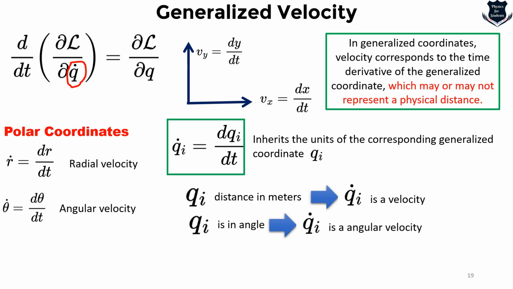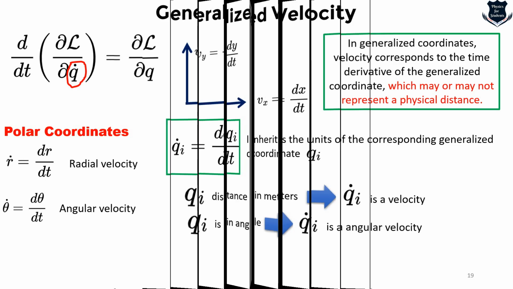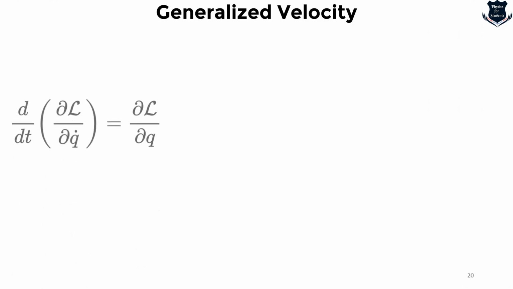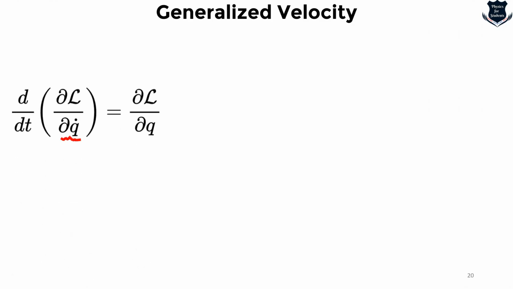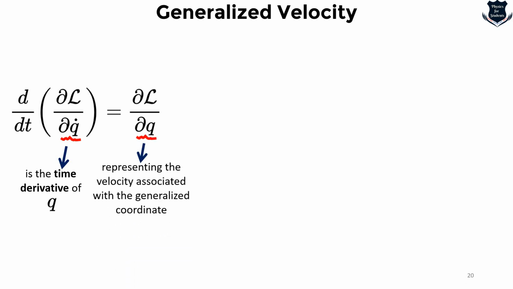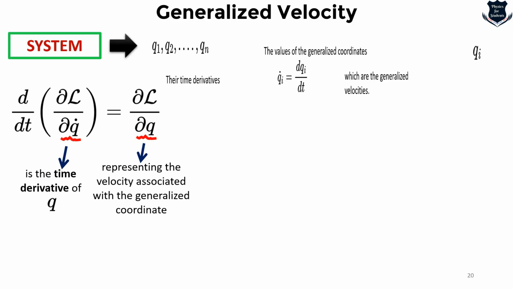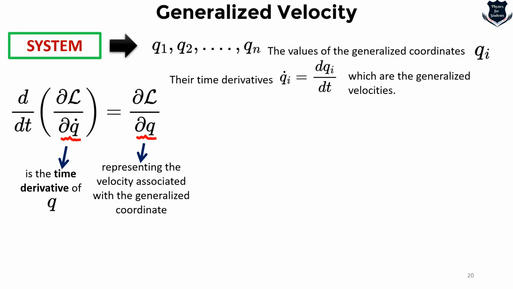Now generalized velocity, because it is a derivative, inherits the corresponding generalized coordinate. What we have seen earlier will apply here as well. So the partial of q dot is the time derivative of q, and the partial of q basically represents the generalized velocity coordinate. Same here: if a system is described by q1, q2, up to qn, then the time derivatives are generalized velocities.